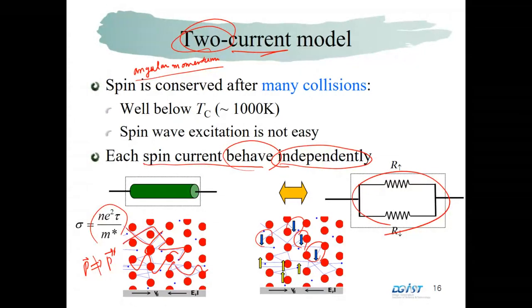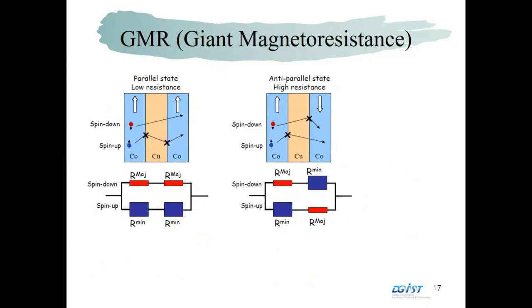Okay, so in this two current model, we can easily explain the GMR. Before it there was another MR, and this one has the name of the giant.